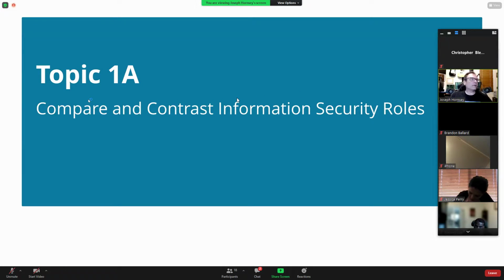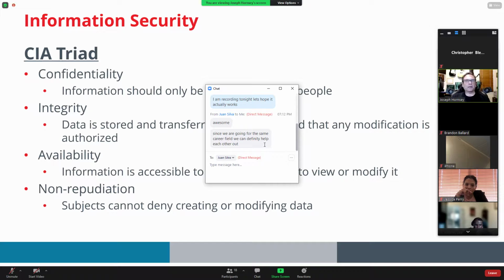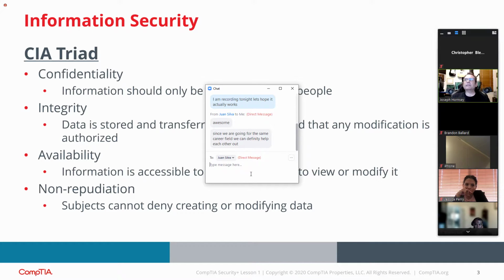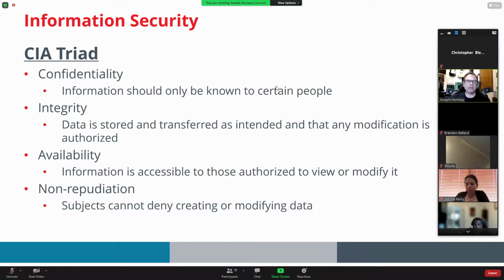So starting off looking at different security roles, and really the first topic that we have to discuss when it comes to security is the CIA triad. Pretty much everything that we do when it comes to security is going to be based off of the CIA triad. This is the foundation for everything.